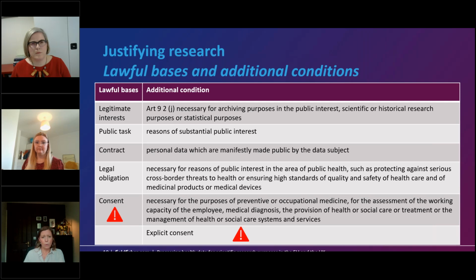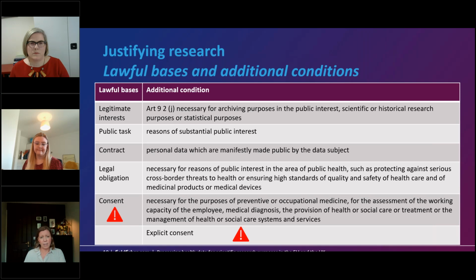The likely lawful basis that's going to apply here is legitimate interests or possibly public task. Legitimate interests is the most common lawful basis overall, and it is likely to be the most popular lawful basis in a research context. This is likely to be the legitimate interest of the business or a third party, the usual conduct that the business is undertaking. It involves a balancing exercise between the business interests and the rights of an individual.